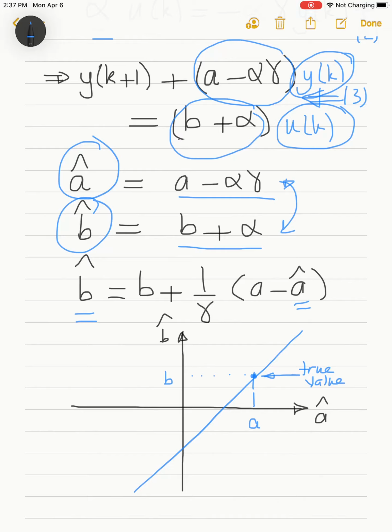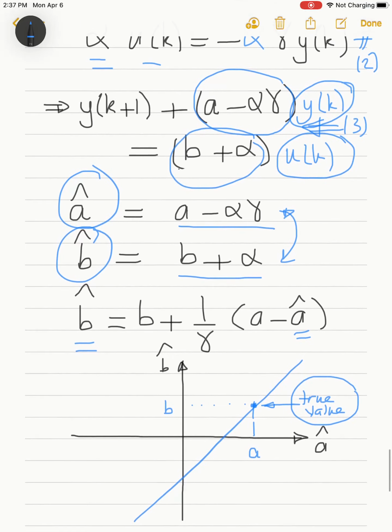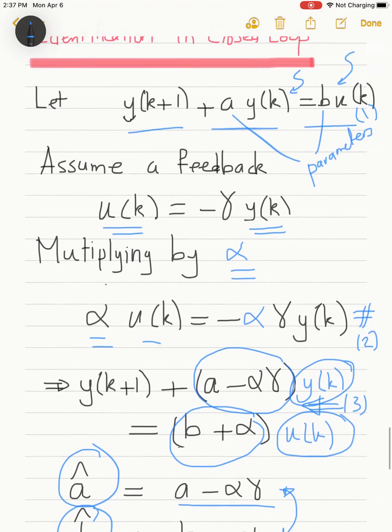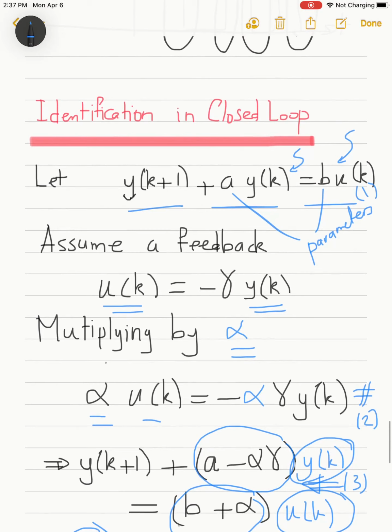So that means that there is no guarantee that the parameter estimation experiment will converge to the true values. It could converge on any point on the line and still give the same minimization index that we are looking for. So the reason for this phenomenon is that we are using this simple feedback law for our setup.